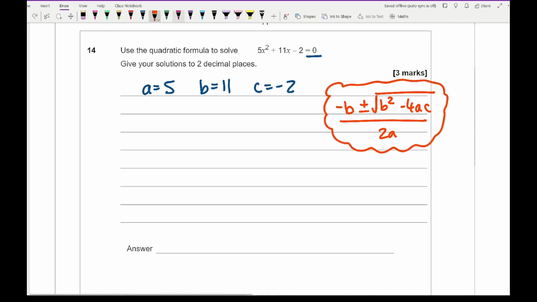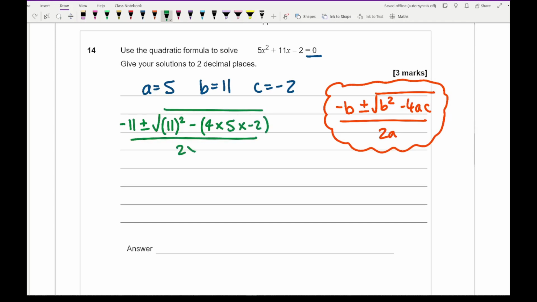Now for 3 marks, I would start by definitely substituting the numbers in as best as you can. So we've got minus 11 plus or minus the square root of 11 squared minus 4 times a, which is 5, times minus 2, all divided by 2 times 5. Before I go on to my calculator, I'll try and simplify this as much as possible, just to make substituting it into your calculator that little bit easier.